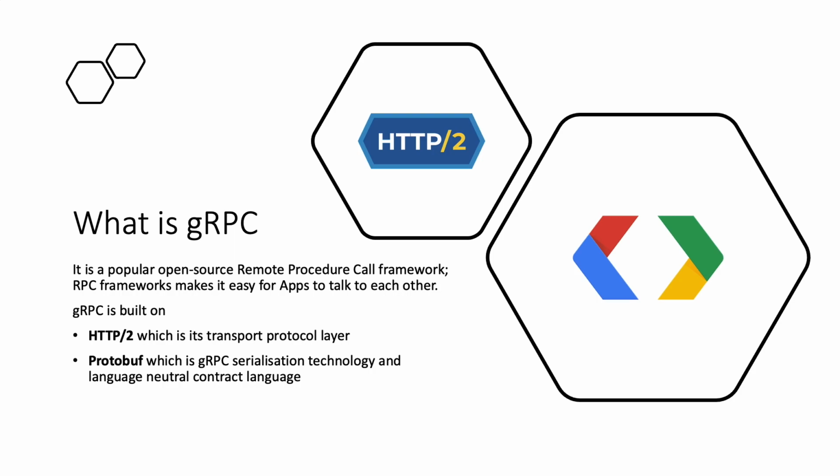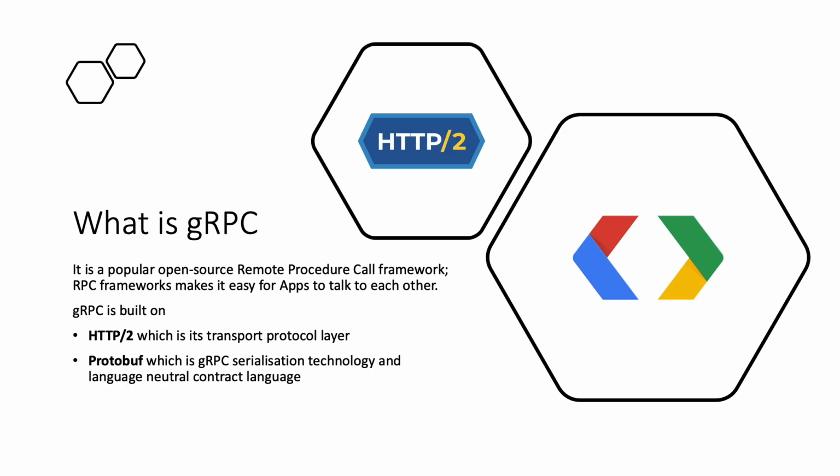First, it utilizes HTTP2, which is its transfer protocol layer, and it also utilizes Protobuf, which is the serialization technology and the language neutral contract language. So basically what that means is that everything that we need to send from the application to the client or from client to the application will be serialized utilizing the Protobuf technology, and it will be sent.